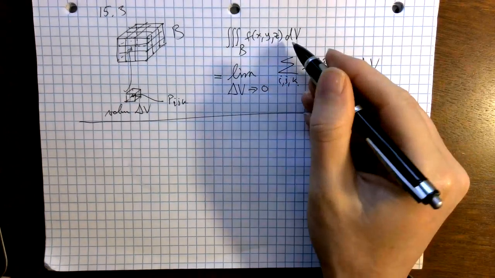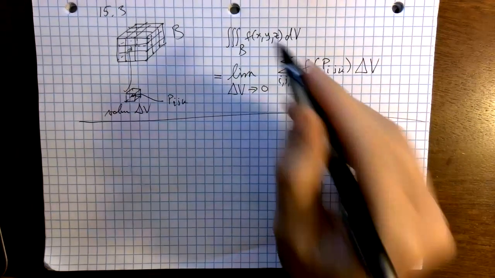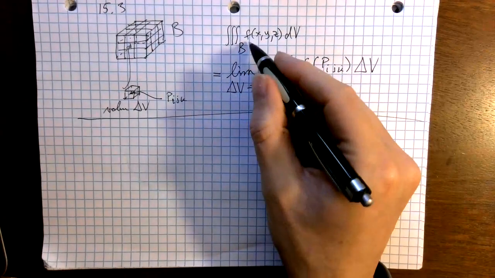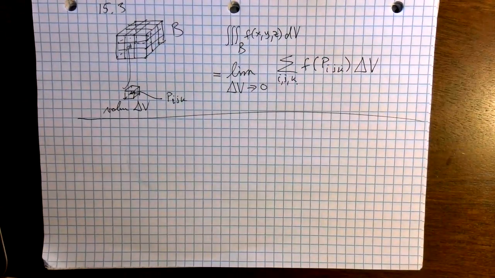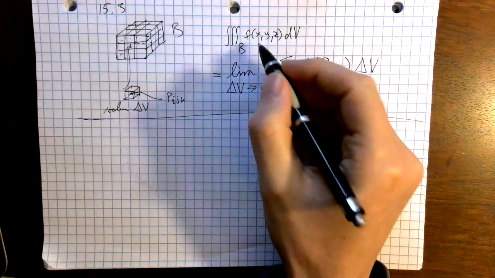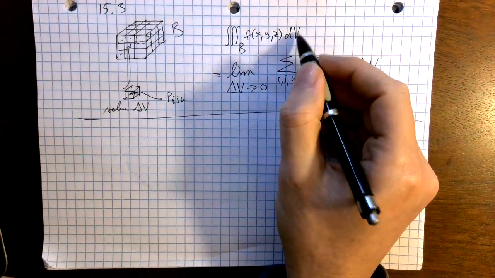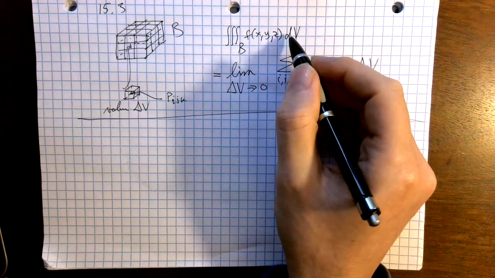If you think about the units here, I'm basically summing up a bunch of things. That's what an integral is. Let's suppose that the units of f were units of length, right? Then you have units of length times the units of volume, which is the units of length cubed, right?